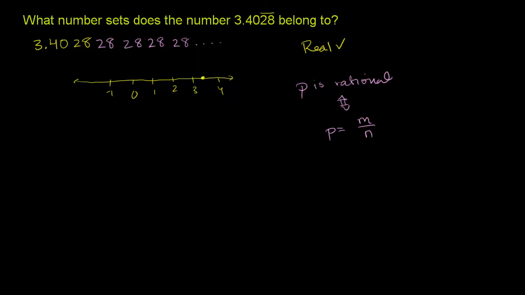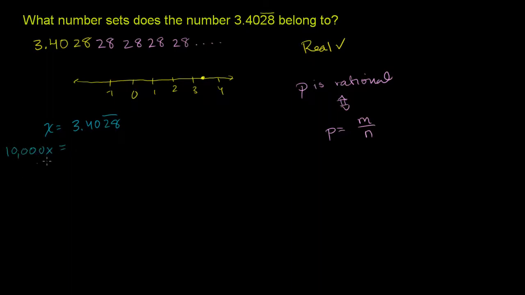Let's define x as being equal to this number. So x is equal to 3.4028 repeating. Now let's think about what 10,000x is. The whole reason I want 10,000x is because I want to move the decimal point all the way to the right over here.